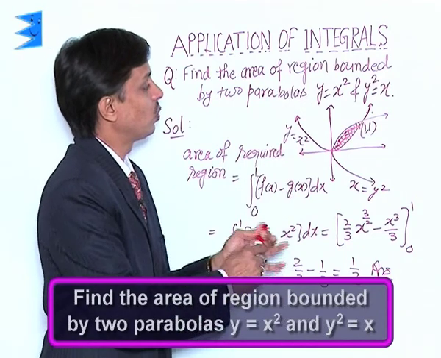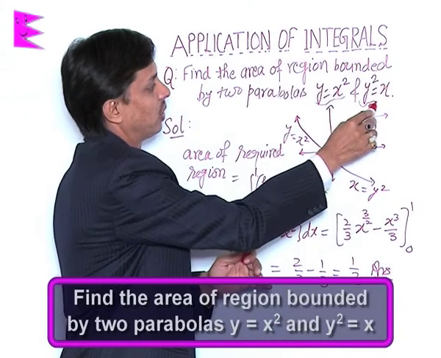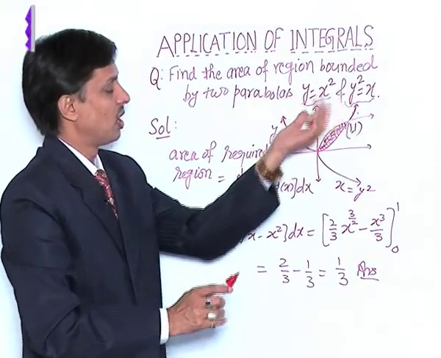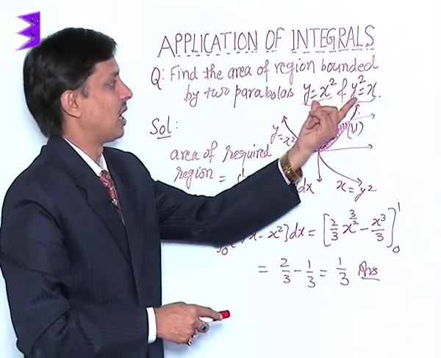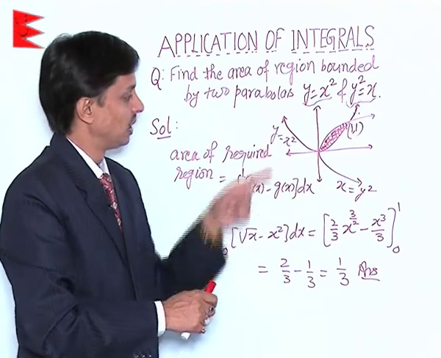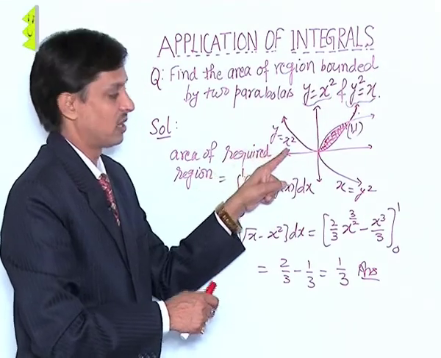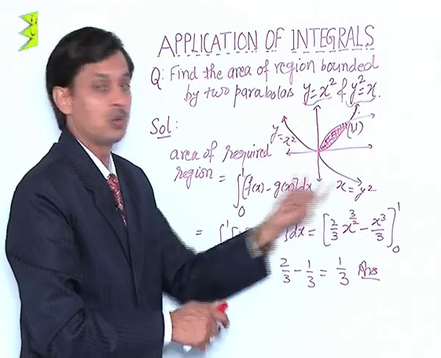One is y equals to x square and second is y square equals to x. So first I can assure you, and you can see that both the parabolas have their vertex at origin. This is the first parabola, y equals to x square. This is the second parabola, x equals to y square.